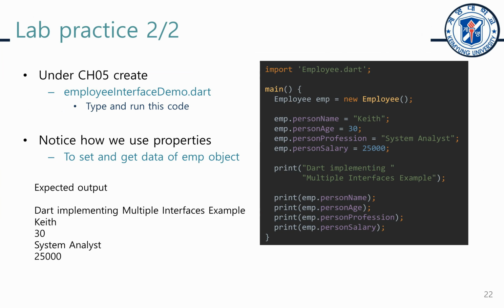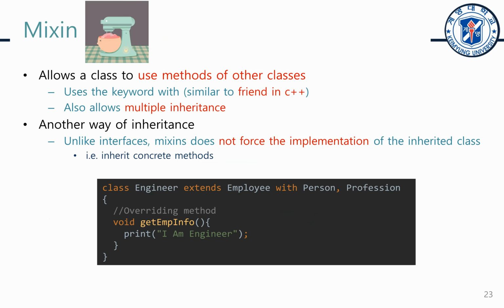abstracts and interfaces. But the last concept about inheritance and polymorphism and classes that we should know is the mixins. Mixins are the way to use methods of other classes without implementing them, or without having to be related as parent and child to that class.